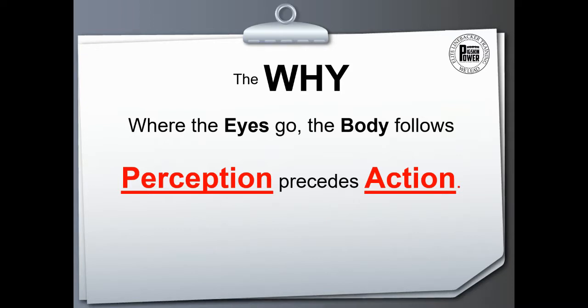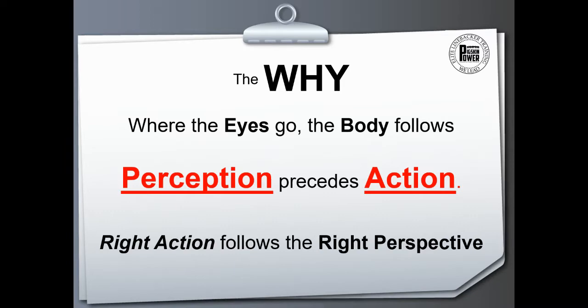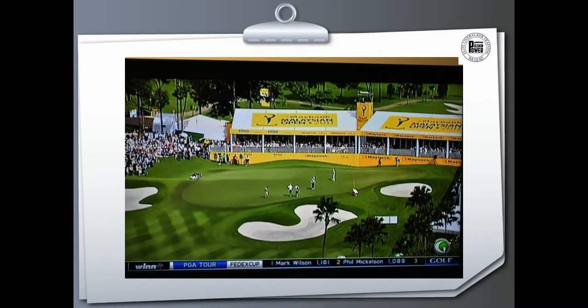If they have proper perception of what the offense is doing through action, ball, and scheme, the architecture of the play, the deployment of the ball, and then the infrastructure of the scheme, those all three support what our eyes are seeing, and we'll be able to take proper action. Right action follows the right perspective.